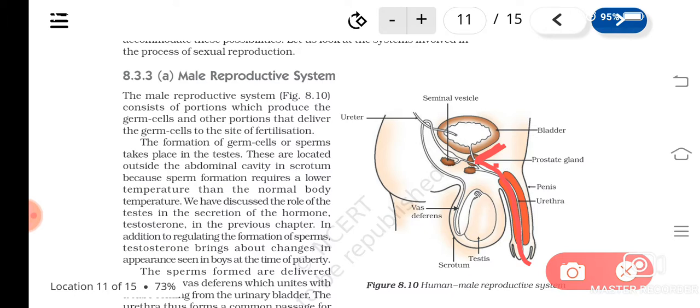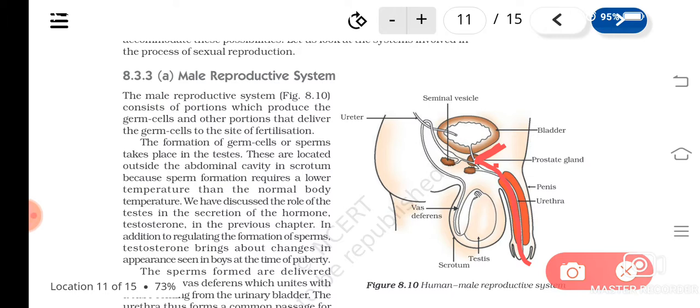These parts can be divided into two based on the functions. What are they? One that is needed for the production of sperms, and the other which is needed for the transfer of the sperms to the site of fertilization. The major part of the male reproductive system is a pair of testes.